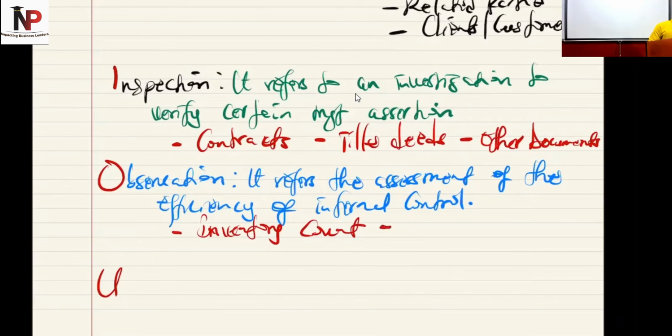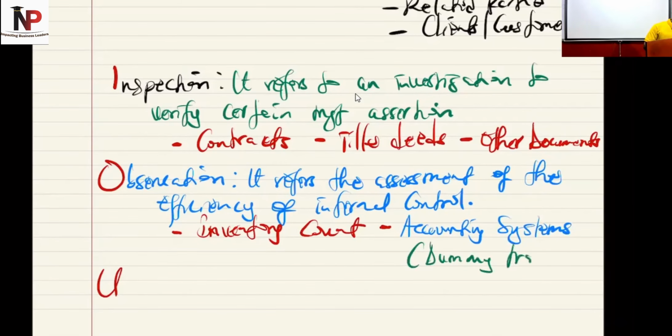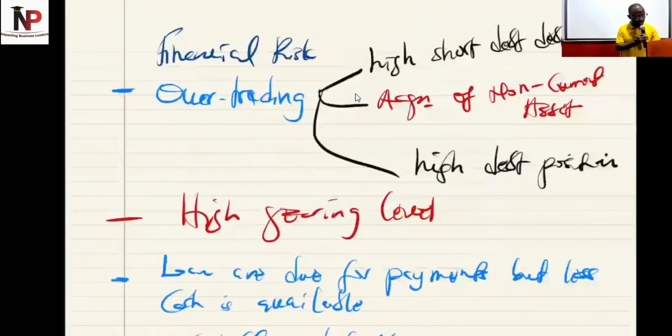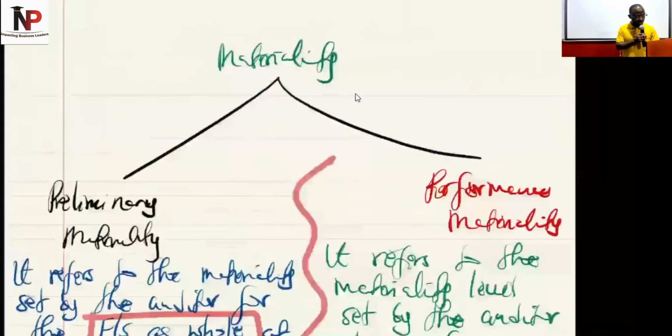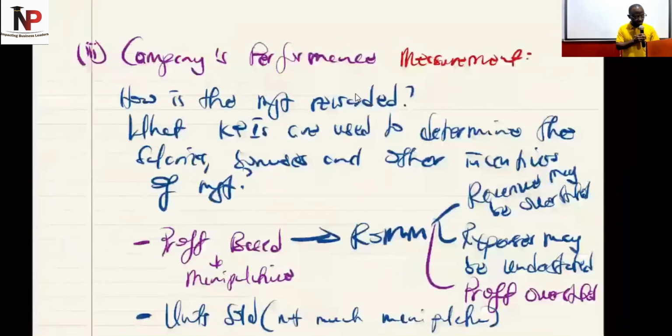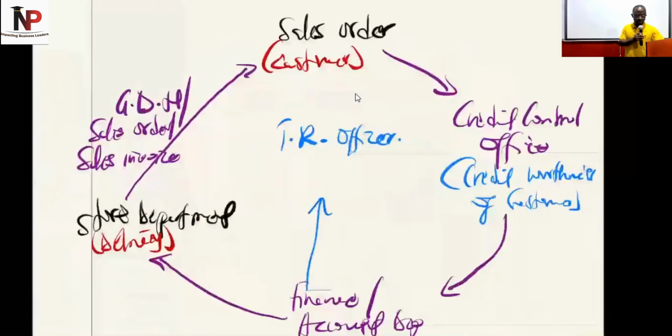Sometimes we would also have to check the efficiency of the accounting systems. If you are looking at the efficiency of the accounting systems, we're going to use what we call dummy transactions. This is what I was talking to you about last week when I drew this diagram.